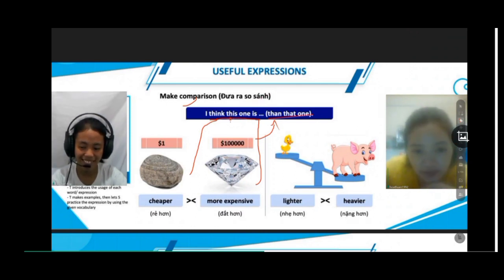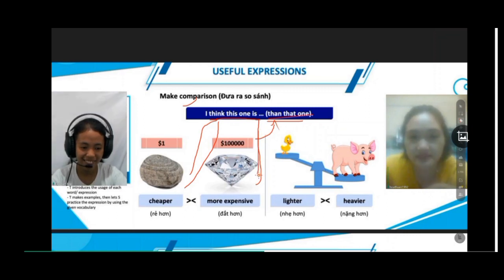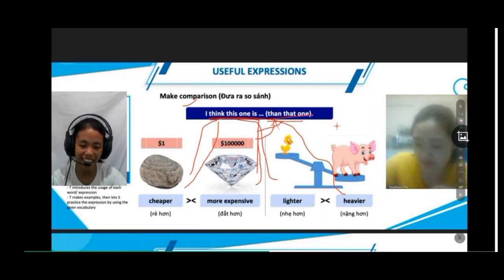I think this one is cheaper than that one. Very good. I think this one is more expensive than that one. I think this one is lighter than that one. I think this one is heavier than that one. Very good.